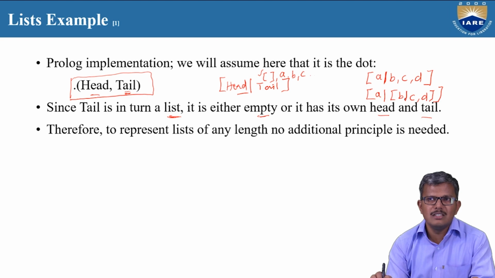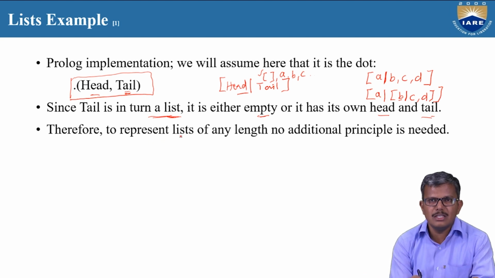But here the tail itself has become a list. That is the point we are talking about here. It can be either empty, but in this case it is not empty. It is non-empty with its own head and tail. So in this particular portion, the head is B and the remaining C, D will become the tail. Like this we can represent the list in Prolog.